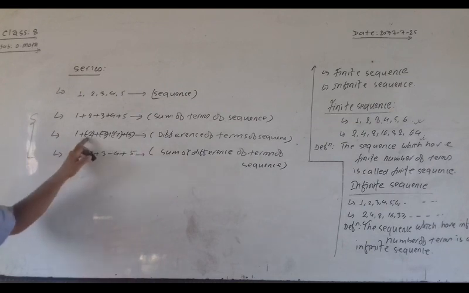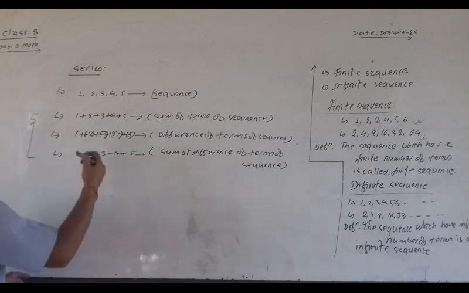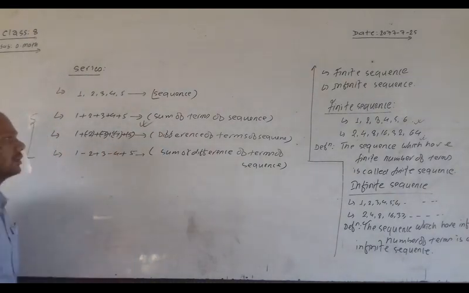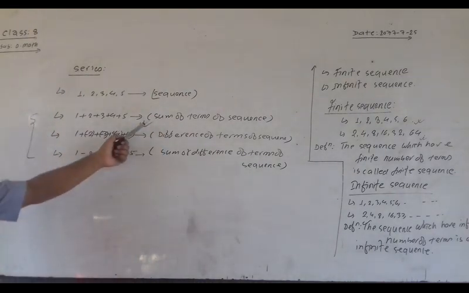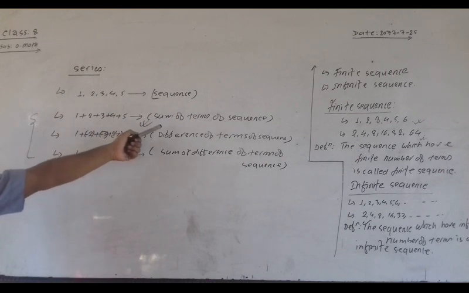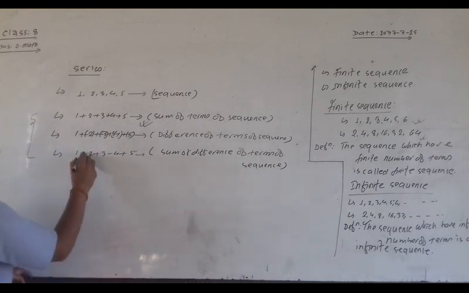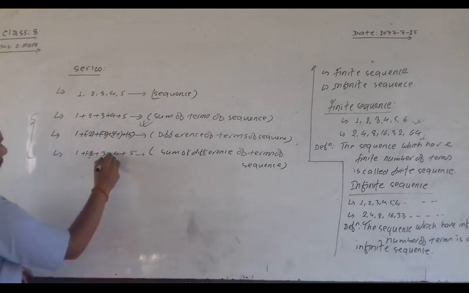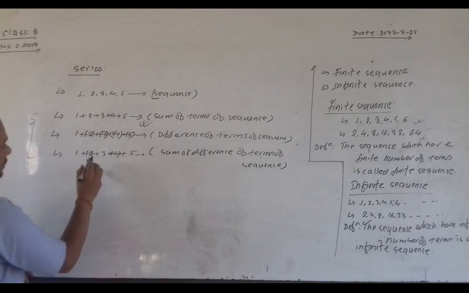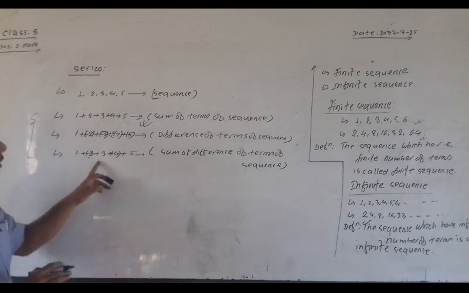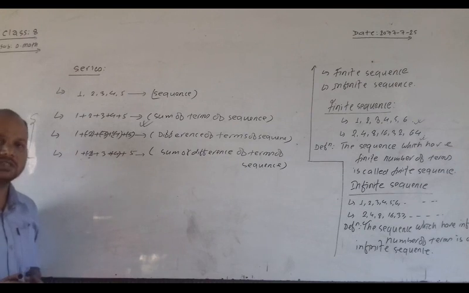Yes, plus and minus. So from here we can easily write the definition. My dear students, see here we write minus, here plus and minus. This is sum, meaning the sum of all the terms of the sequence is called series.